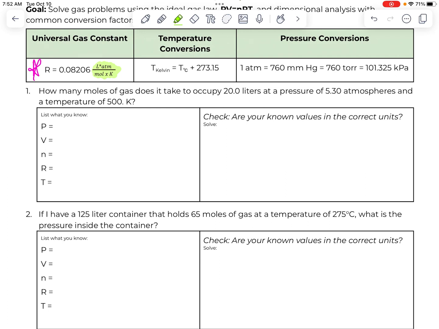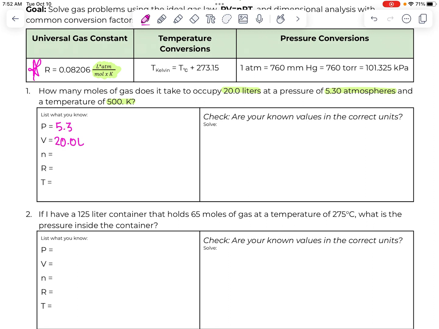In this problem, it says 20 liters, that's a number, so I'm going to highlight that. A pressure of 5.3 atmospheres, highlight that. A temperature of 500 K. In this problem, I tell you pretty much what each of these variables refers to. Liters we know are volume, so I'm going to plug that in for volume here with my units.